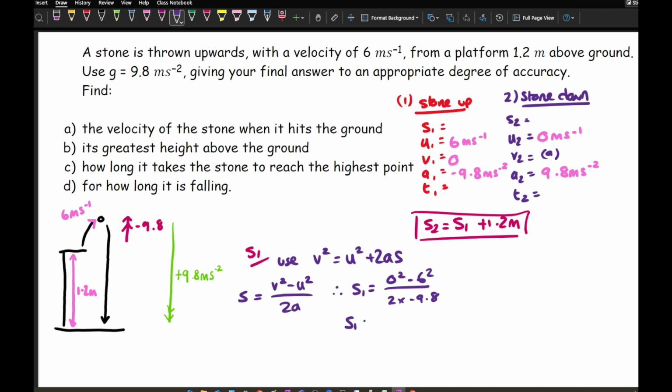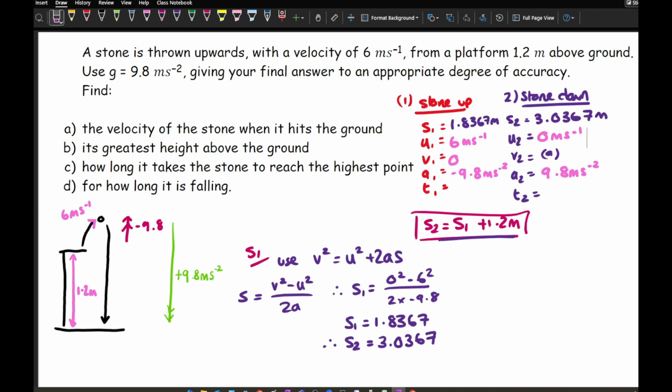From that I get an S1 value of 1.8367. So S2 is going to be S1 plus 1.2, giving me an S2 value of 3.0367. I can now write this in this section here, and for S1 I can write 1.8367, and both of those are in meters.